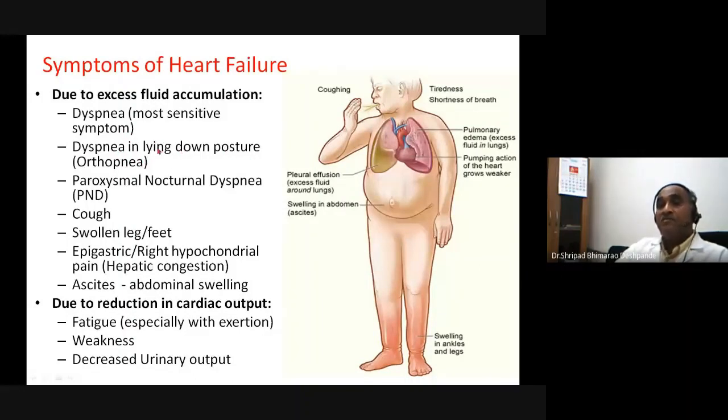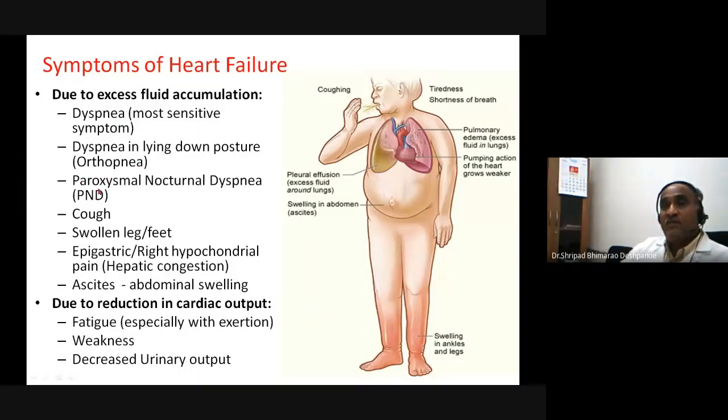He may be comfortable when he sits up. So that is called orthopnea. Dyspnea on exertion to start with, because when you start exerting the muscles or start doing certain work, the workload on the heart is increased. So that workload it's not able to compensate. So the dyspnea occurs, the breathlessness occurs.